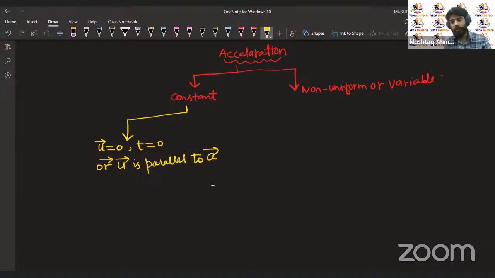Acceleration is constant. In that case, if the initial velocity is zero at time t equal to zero, or if there is some initial velocity but the initial velocity vector is parallel to the acceleration, then in that case the particle is always going to move in a straight line path. The body moves along a straight line.